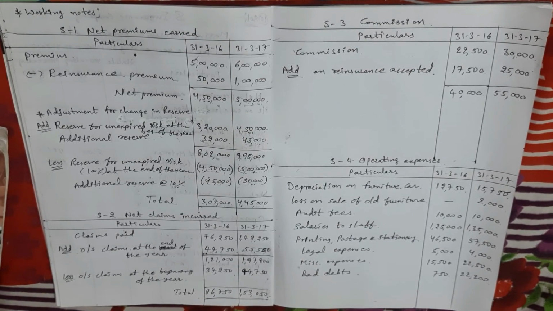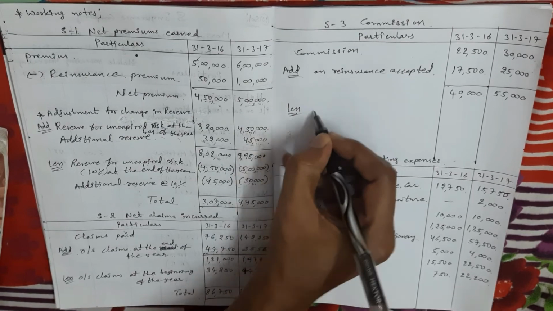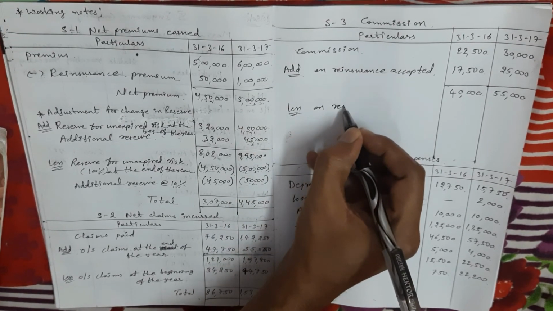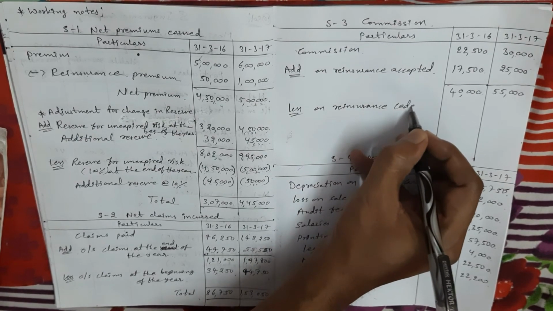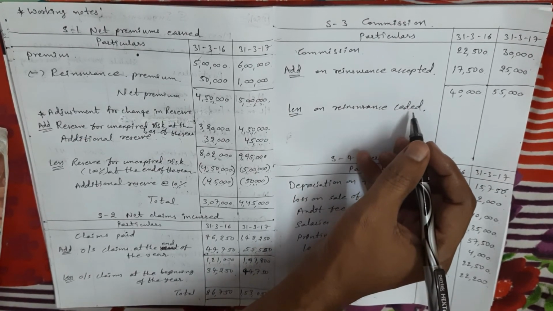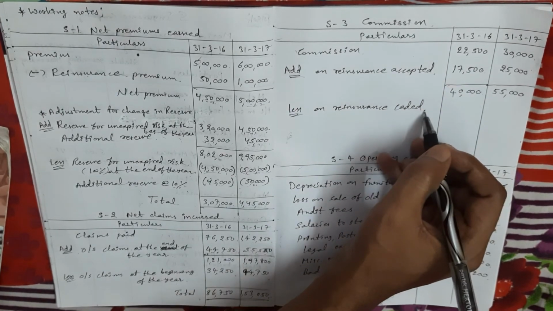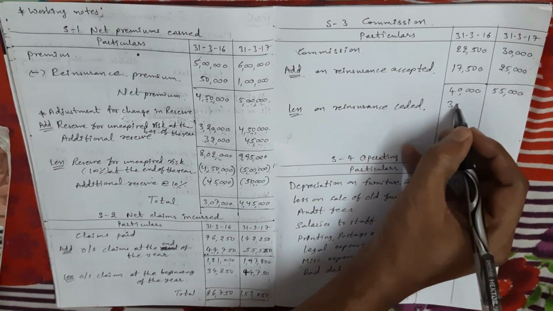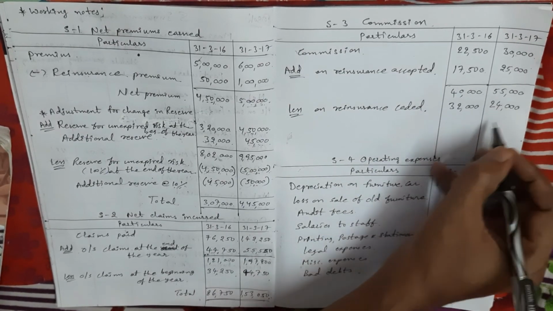Schedule number 3, we forgot to record one item. It is commission on reinsurance ceded. Reinsurance ceded amount is also given. Accepted amount we already added. Ceded amount we have to subtract. Last year amount is 32,000 and present year amount is 24,000.